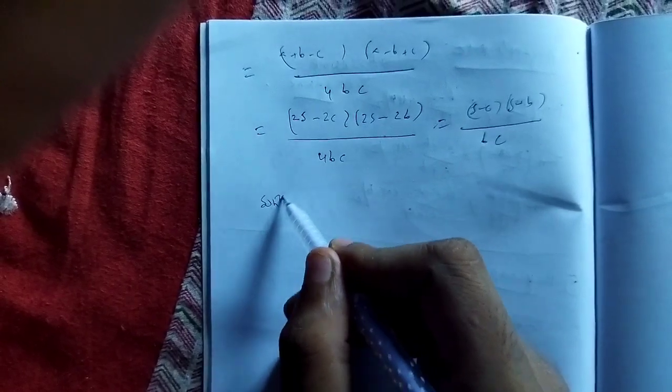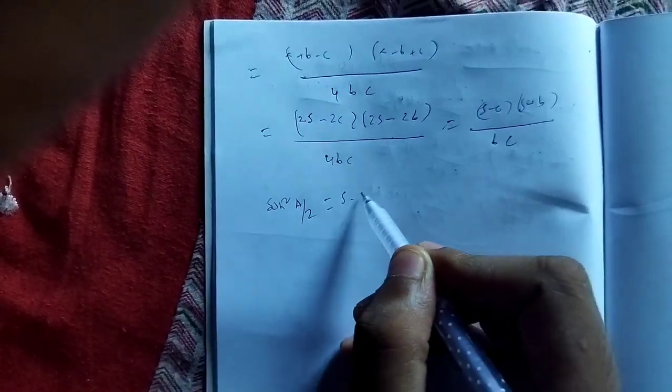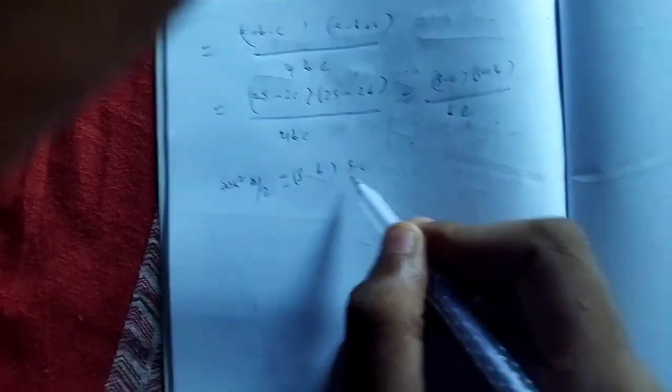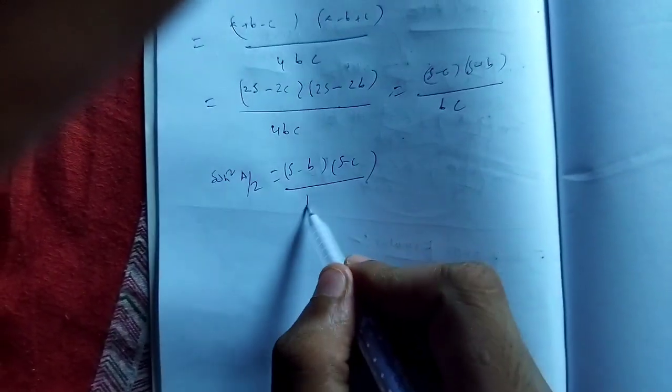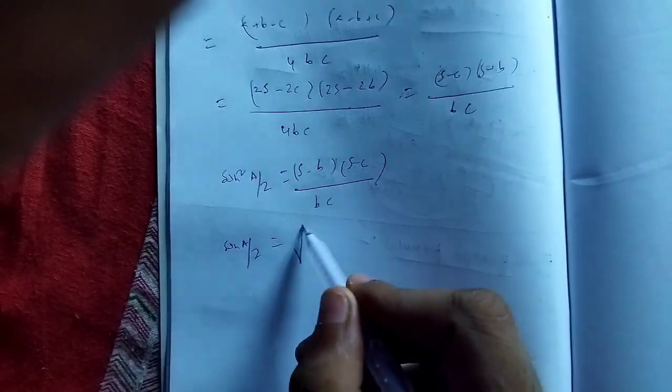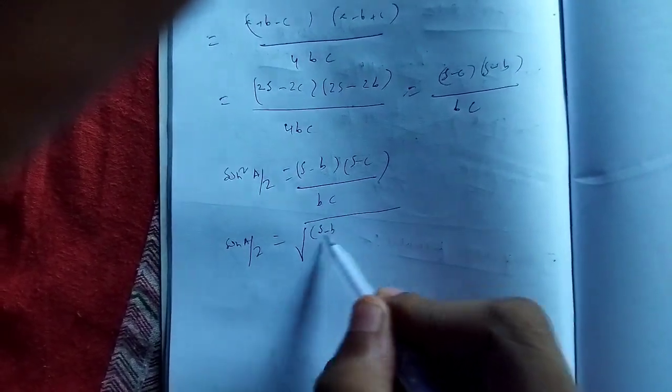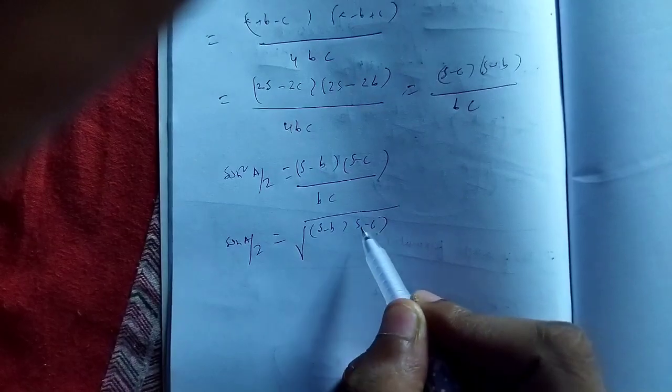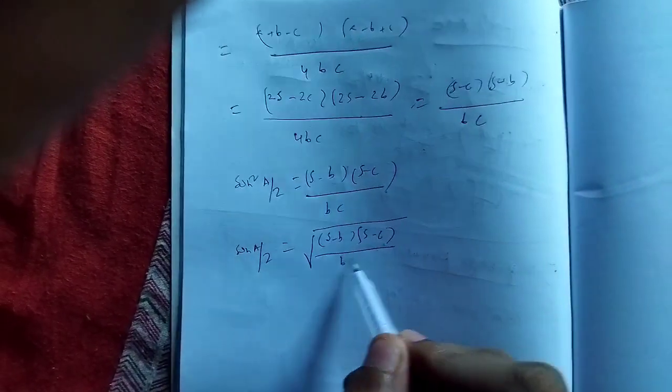So sine square A/2 equals (s minus b) into (s minus c)/bc. So sine A/2 is the square root of that.